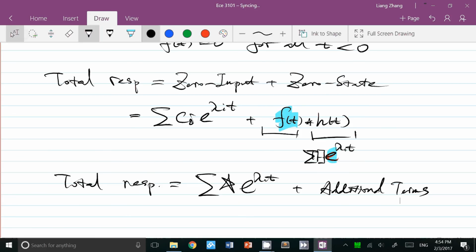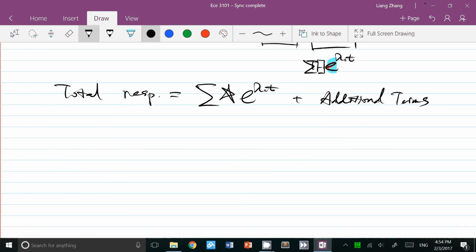As we discussed before, if you scroll up the lecture notes, you will see these e to the lambda i t's. All the lambdas are defined by the characteristic equation, and the characteristic equation comes from the differential equation, so they define the internal property of the system, and they are called the modes.